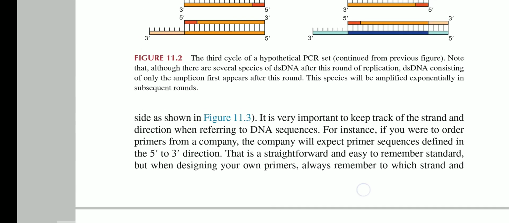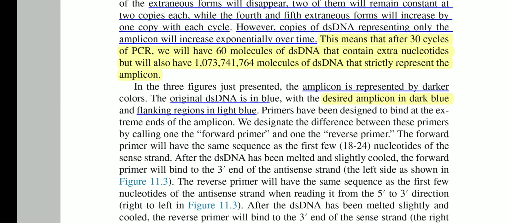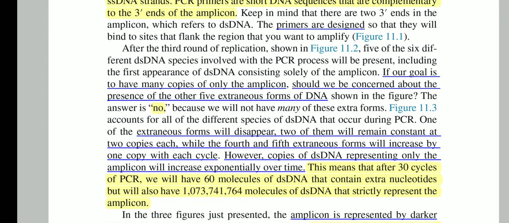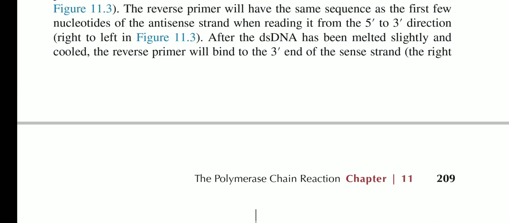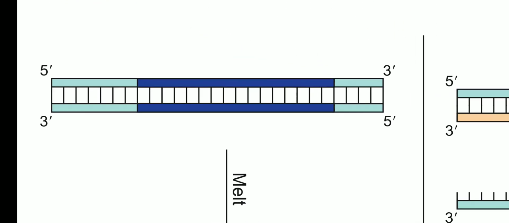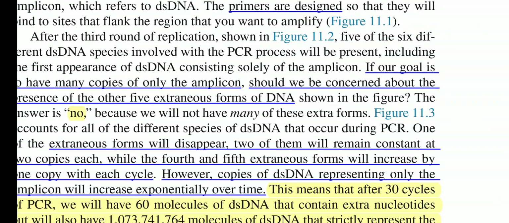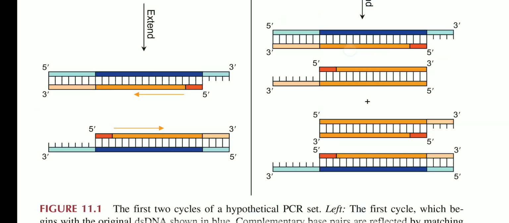So let me go through some text that I have marked somewhere. Okay, so here you can see, if our goal is to have many copies of our only amplicon, meaning this segment, yes, this one, it is our amplicon. If our goal is to amplify many copies of this amplicon, we will be concerned about the presence of only five extraneous found DNA. This extraneous found DNA is this DNA segment.